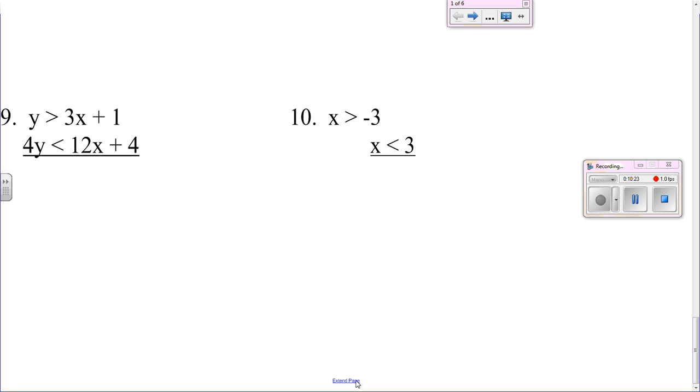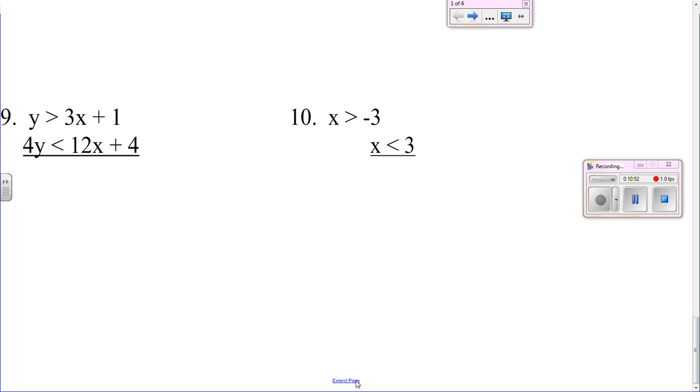Your second equation, you divide by 4, and you get y is less than 3x plus 1. So it's going to be a dotted line that ends up being the same line, and then you shade below it. So the only spot that those two shadings intersect would be the line, but since that line is dotted, it tells you that it doesn't work there, and so this one would be no solution.